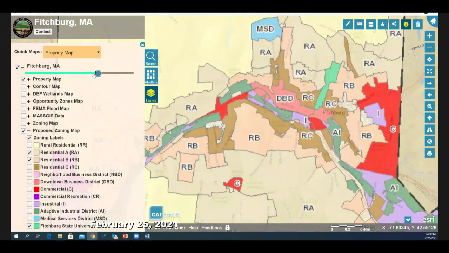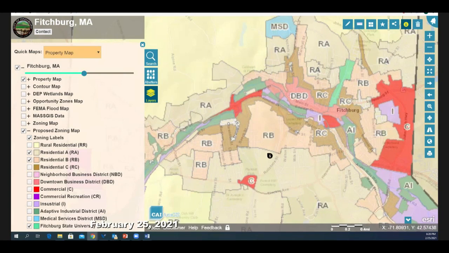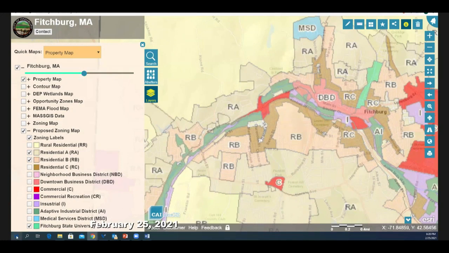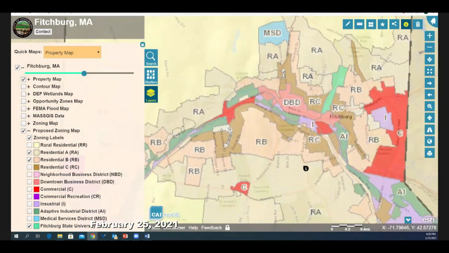I guess the question would be, are there different characteristics you see in RB versus RA? RA is pretty much single family, and RB is 2-family by right, and then you can do 3-family by special permit. And presently you can do multifamily housing of any number in RB, similar to RC.